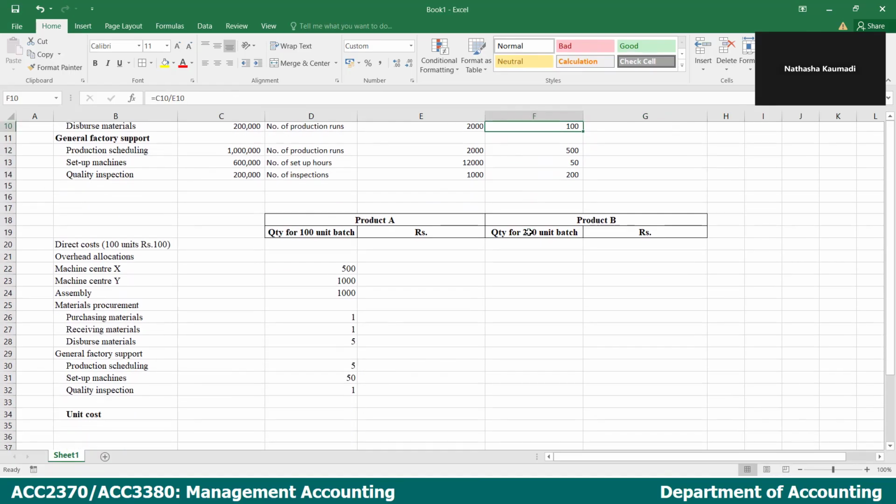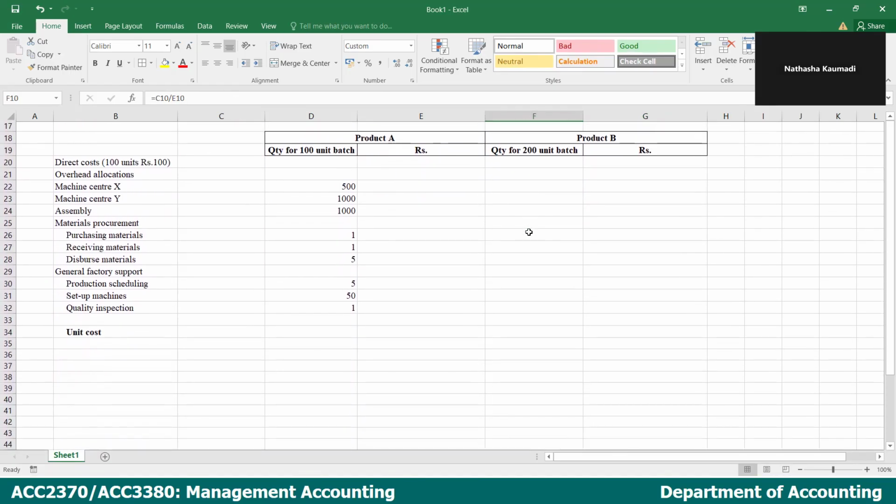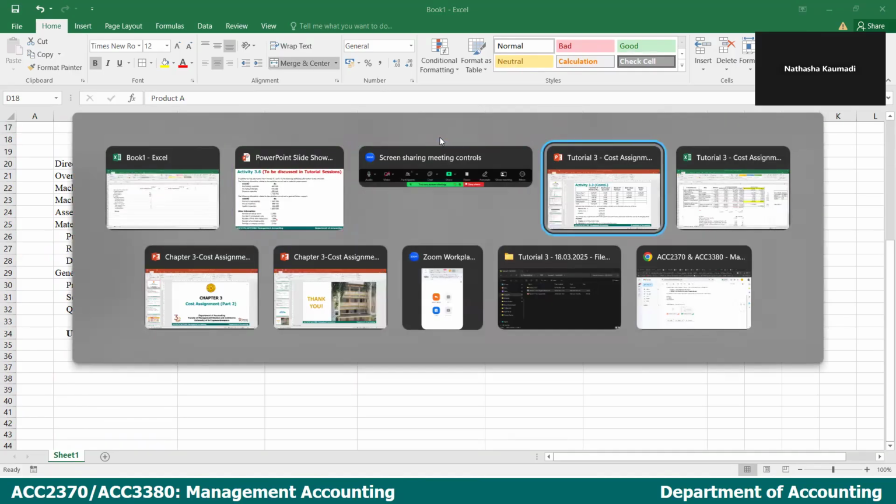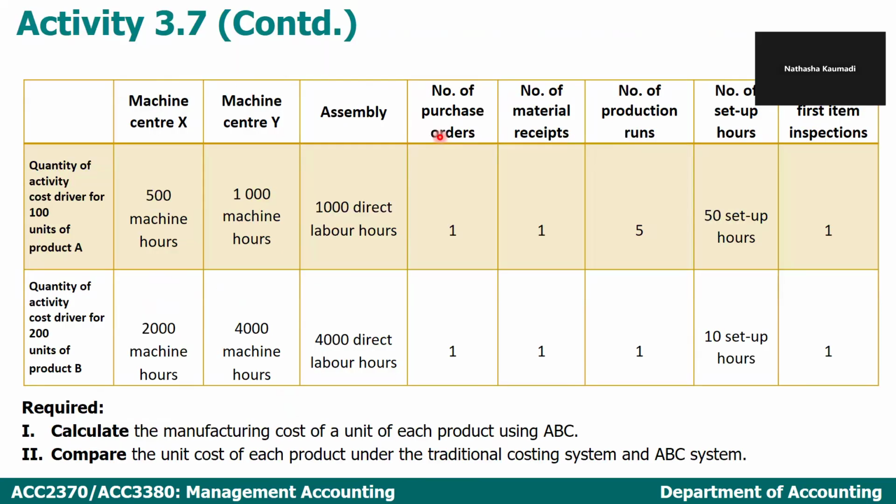Okay. And now for my reference purpose, actually, I have the sheet. I have the format. You also can have this format. Now we have two products, product A and product B. Now, if you recall the question, product A is manufactured in 100 unit batches, and product B in 200 units.